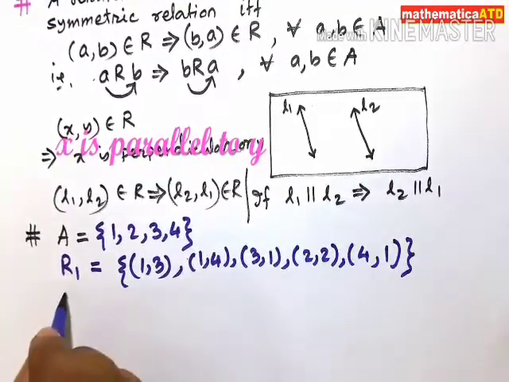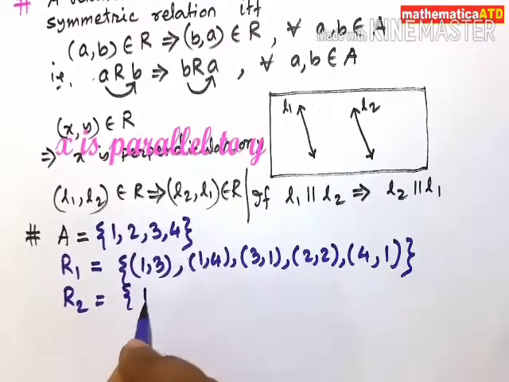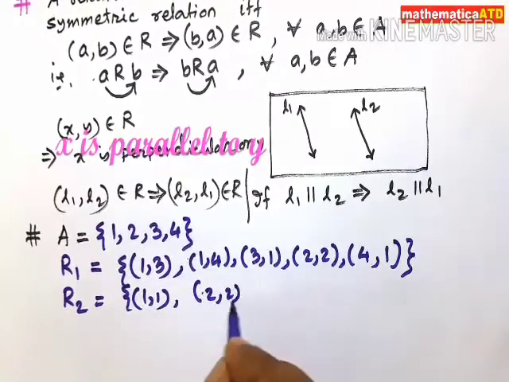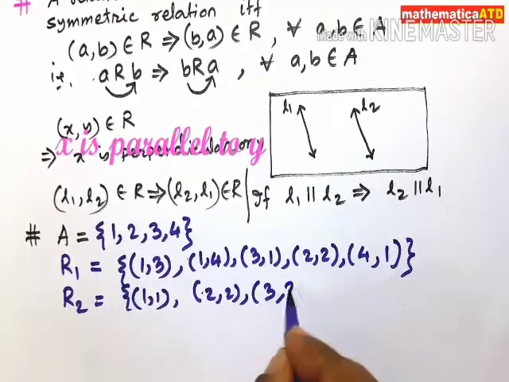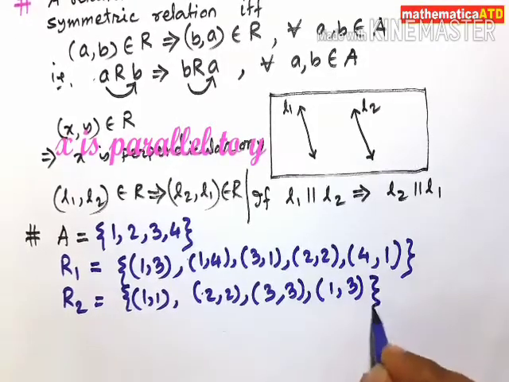And as another example we take relation R2 equal to (1, 1), (2, 2), (3, 3), (1, 3).